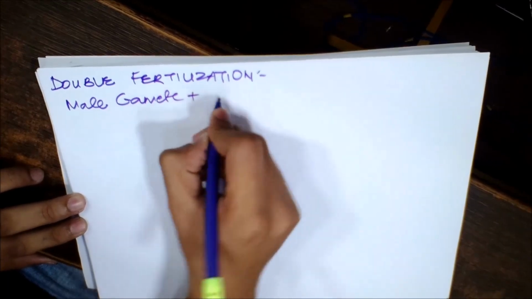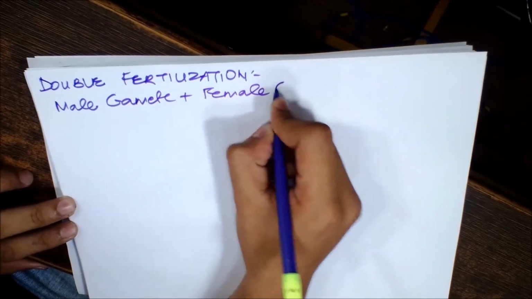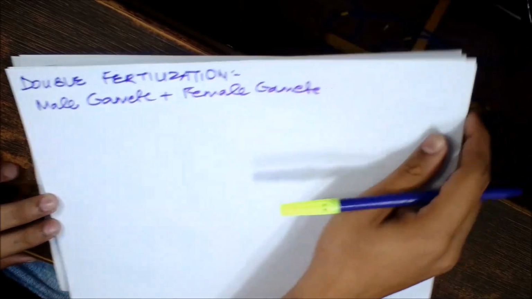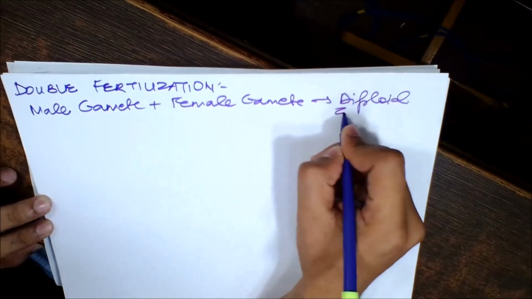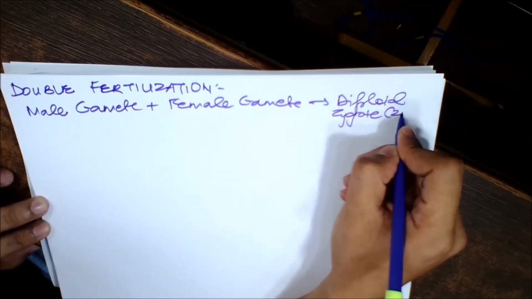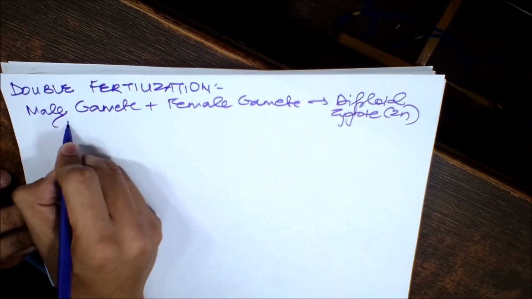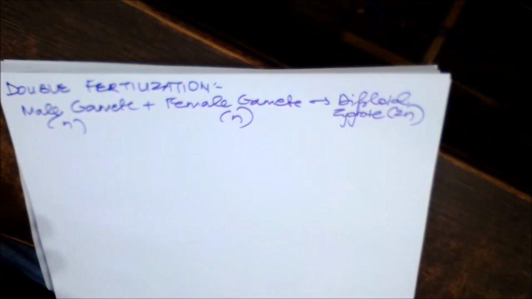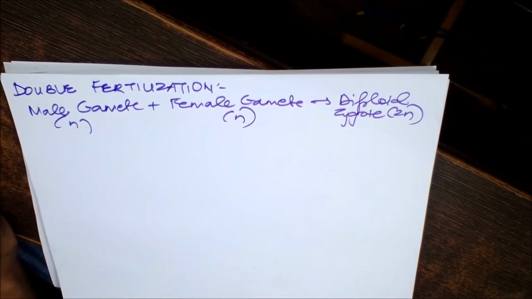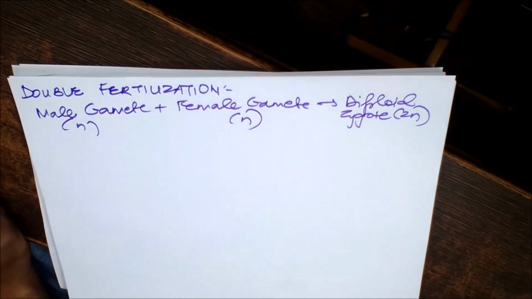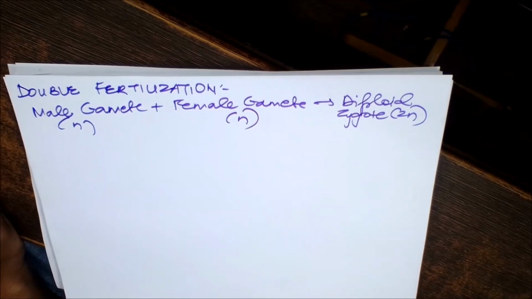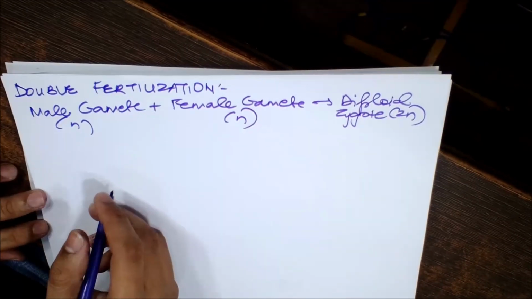Male gamete plus the female gamete come together, giving rise to the diploid zygote, which is the primitive stage of the embryo. The male gamete is haploid. The fusion of one male gamete present in the pollen tube with the egg, and the other present in the pollen tube with the secondary nucleus of the embryo sac, is called double fertilization.